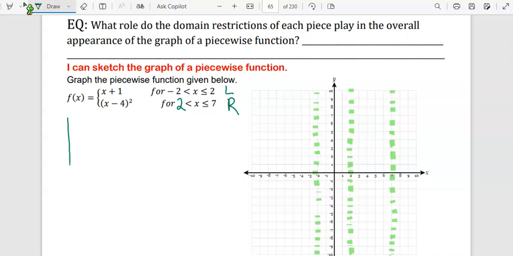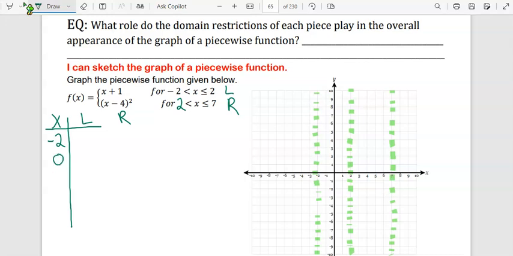Alright, let's make a T-chart. Let's plug in the points. Negative 2, because that's one of our boundaries. Let's plug in something between that.